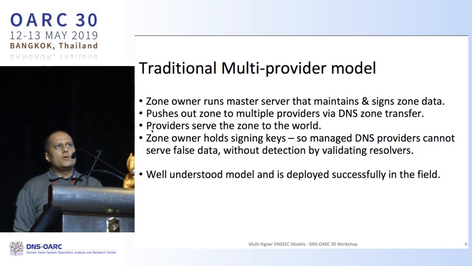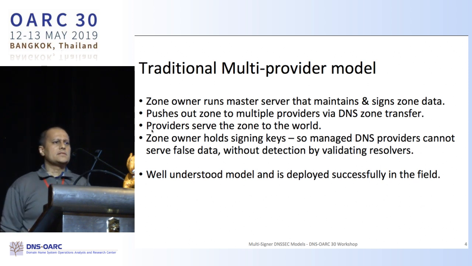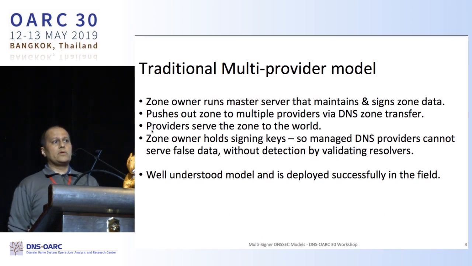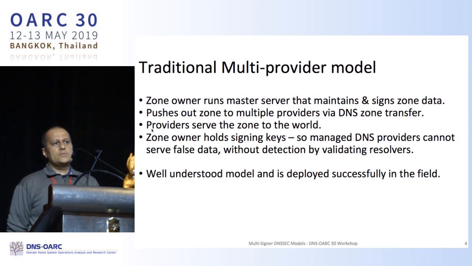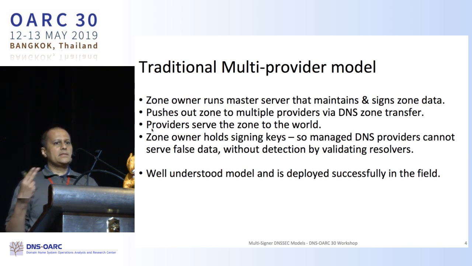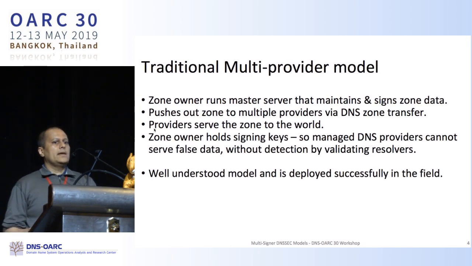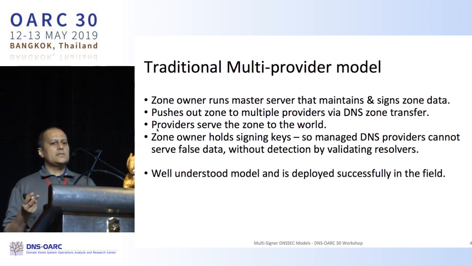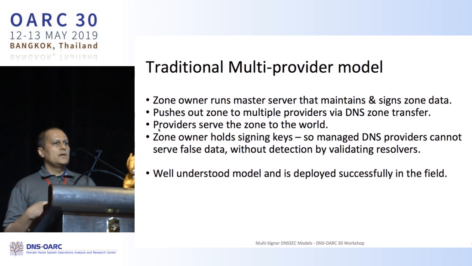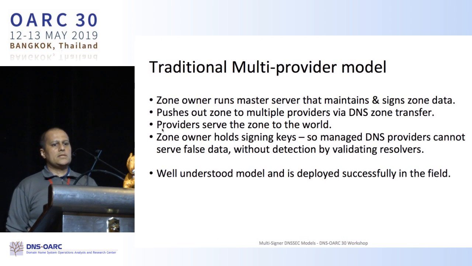In order to understand the rationale for these models, it's best to start by describing what the traditional multi-provider model is today. That is one in which the zone owner runs a master server that maintains the authoritative zone data. It signs that zone data, and then it pushes out the signed zone to multiple providers via standard DNS zone transfer mechanisms.